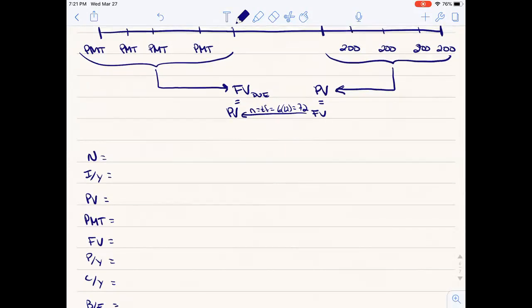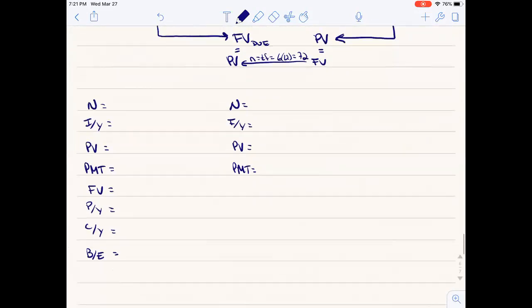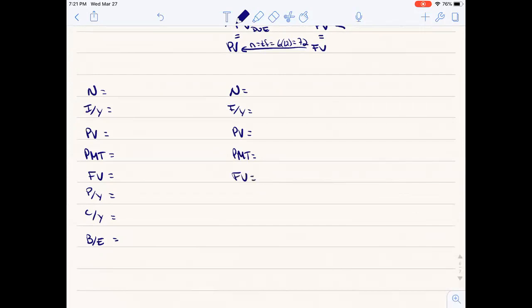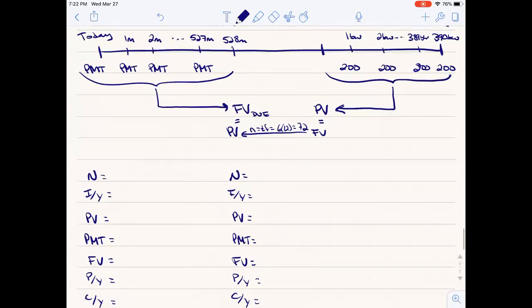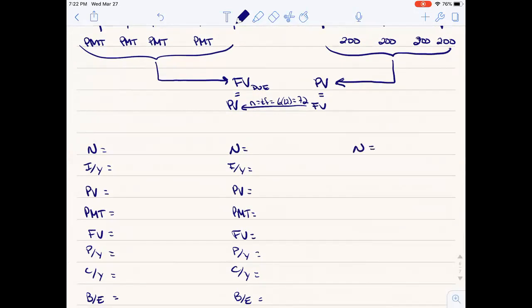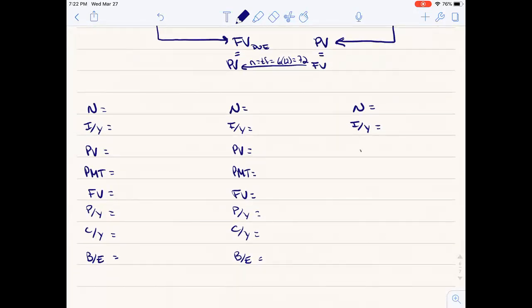And then I'm going to do that for each of these phases. N equals, interest per year equals, present value, PMT, future value, payments per year, compoundings per year, and beginning or end. And the last phase, n equals, interest per year.